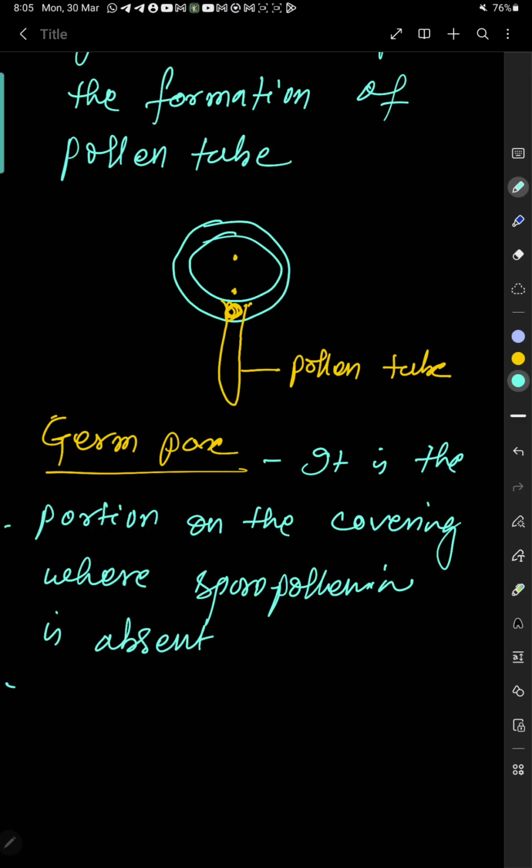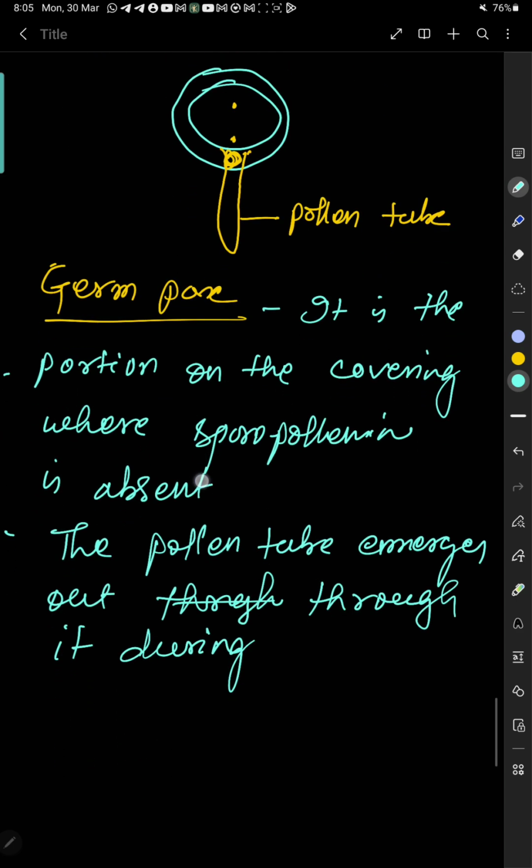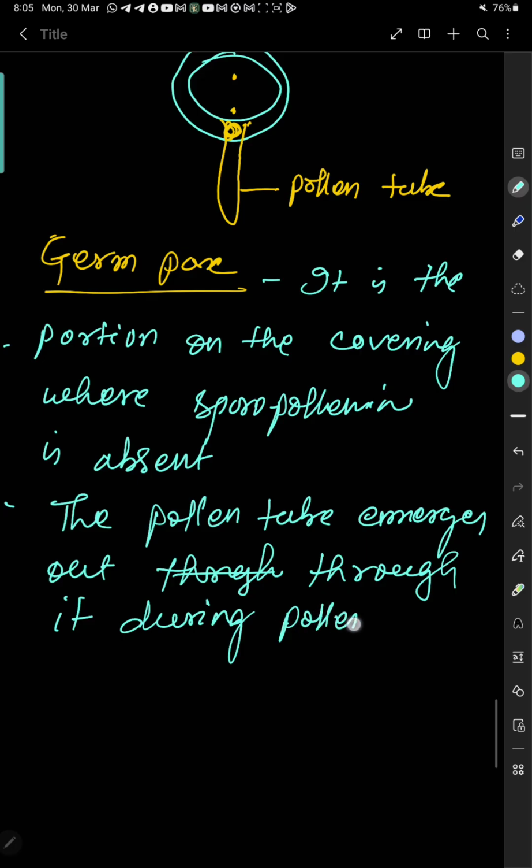So what is the function of germ pore? The pollen tube emerges out through it during pollen germination. Okay, so this is the function of germ pore.